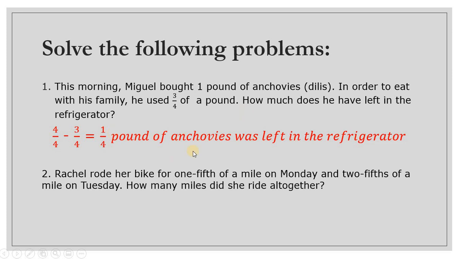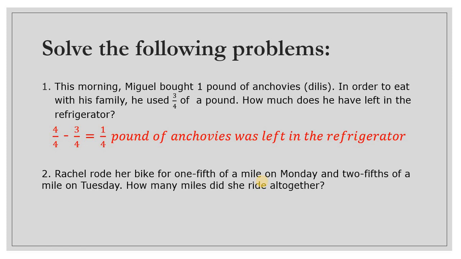Okay? And for number 2, Rachel rode her bike for 1/5 of a mile on Monday and 2/5 of a mile on Tuesday. How many miles did she ride altogether? So, meron ulit hint or clue dito kung ano yung operation na gagamitin. All together. Ibig sabihin, lahat or yung sum.